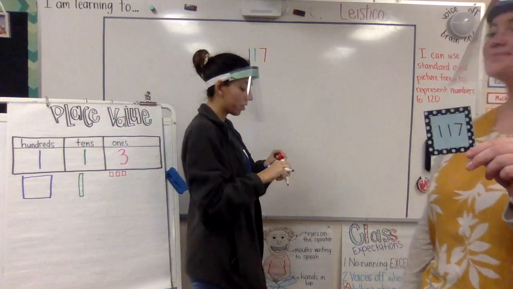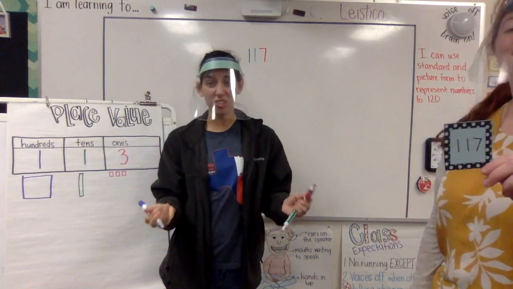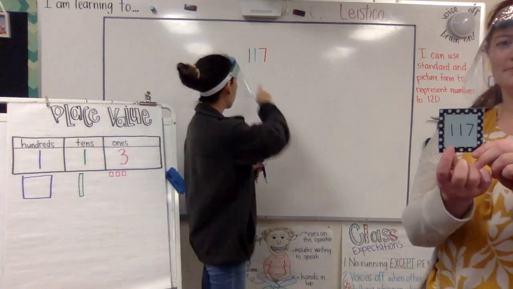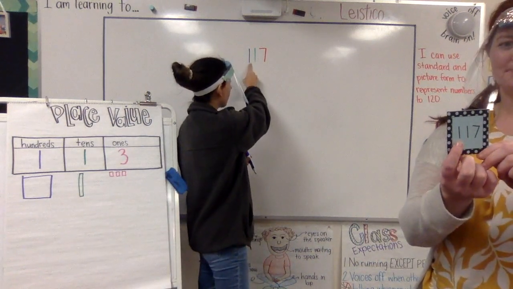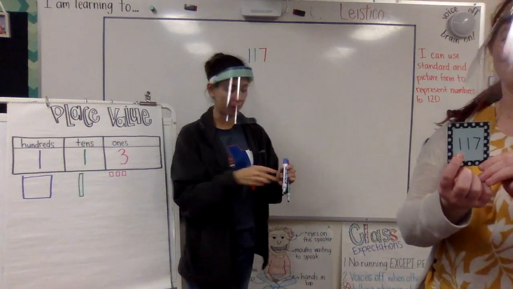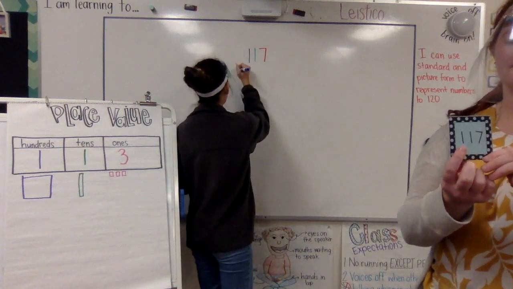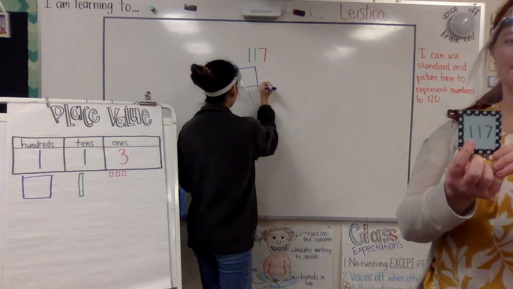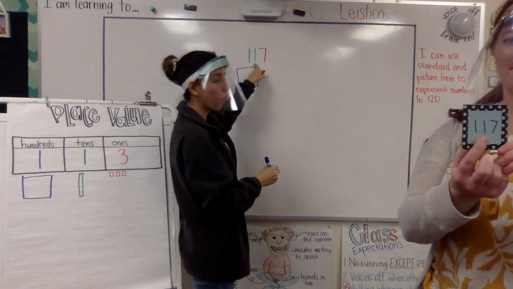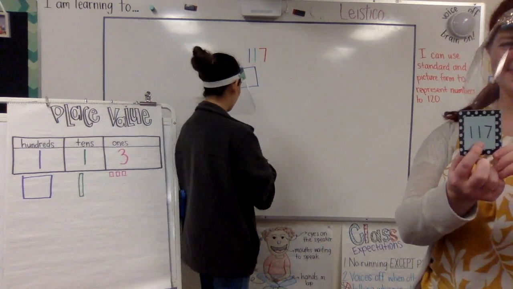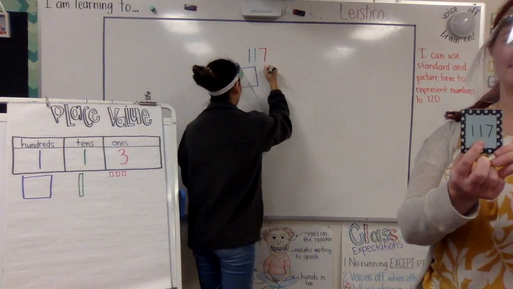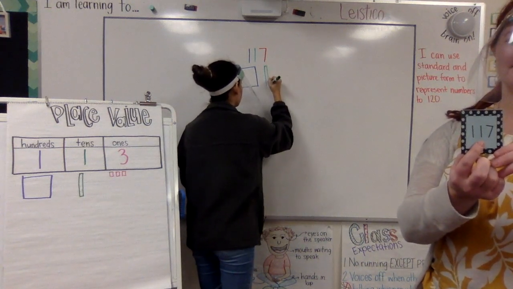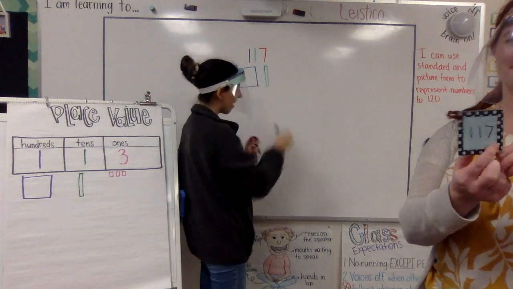And if I am going to do this in picture form, I know that I have to have 100. So I'm going to draw a 100 block. And so my 100 blocks are big squares. So I'm going to draw a big square for my 100. And I have 1 ten. So I'm going to draw one of my long skinny rectangles. And I have 7 ones.